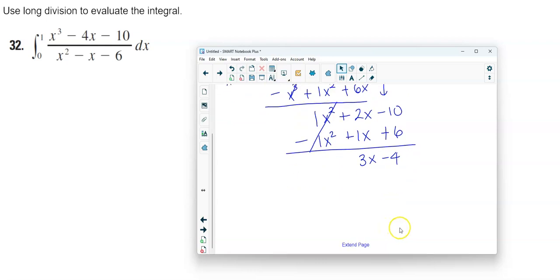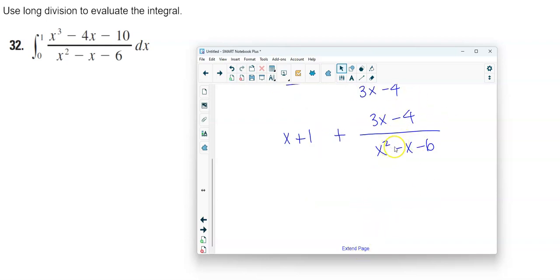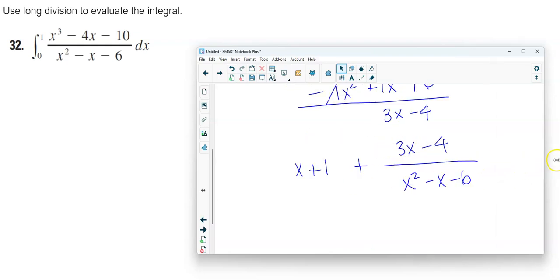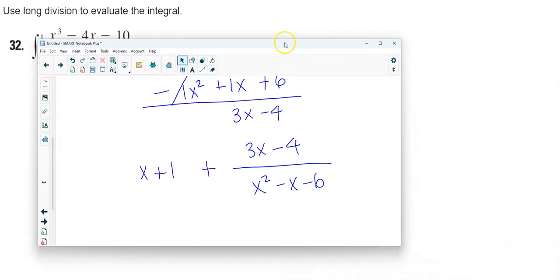So therefore, this is what we're going to get as our answer: x plus 1 plus 3x minus 4 divided by x squared minus x minus 6. Okay? Now, if you look here, we can factor this x squared minus x minus 6. How can we factor that?